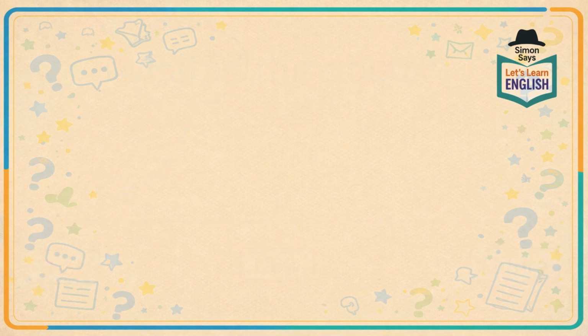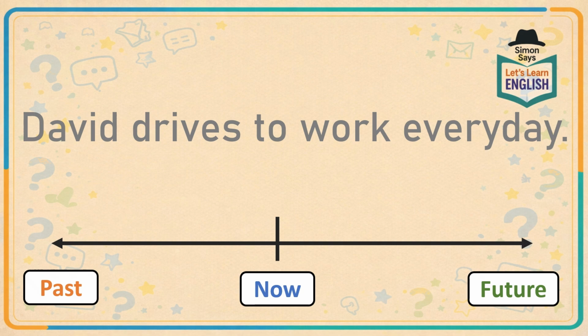Now, let's look again at this example. David drives to work every day. Now, in this example, the word drives tells us about something that David does regularly. He drove to work yesterday.